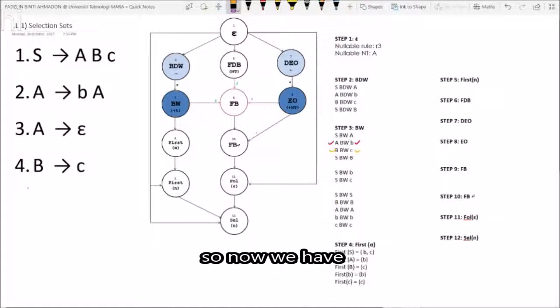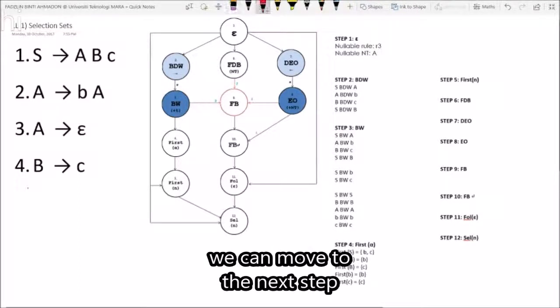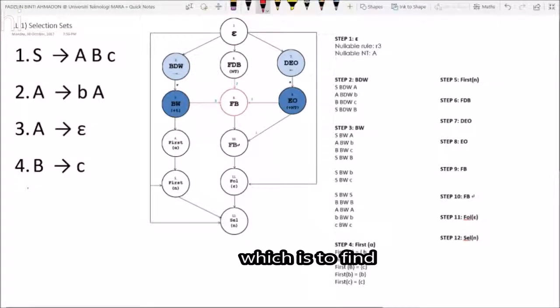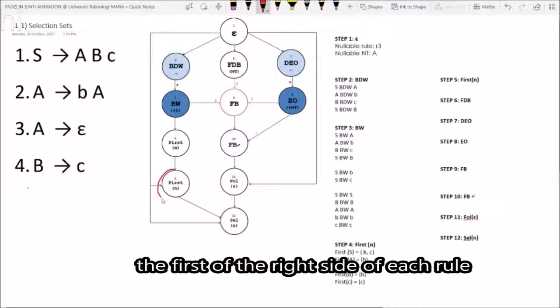So now we have generated the first of all symbols. After this is done, we can move to the next step, which is to find the first of the right side of each row.